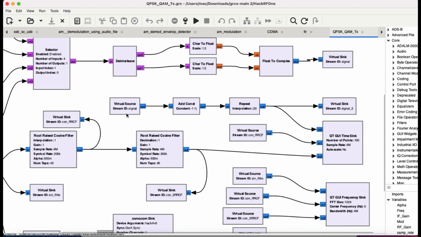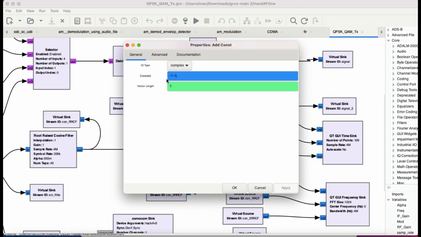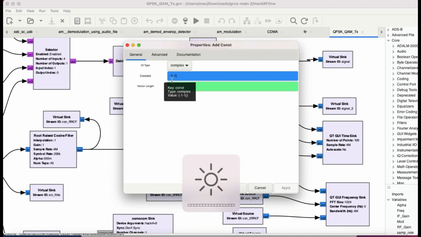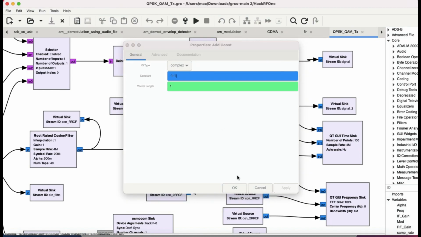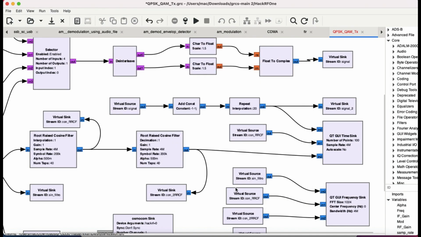Now this signal, which is being prepared into complex, is going to an add constant block, and notice the value that I'm using is -1 -1j. Basically, this is providing me sort of a BPSK, phase shift modulation type of thing, where you have different points at different locations on the I axis and Q axis. This is exactly what it's doing.